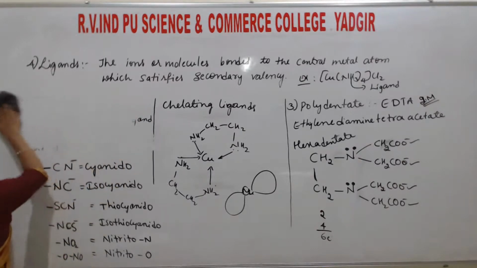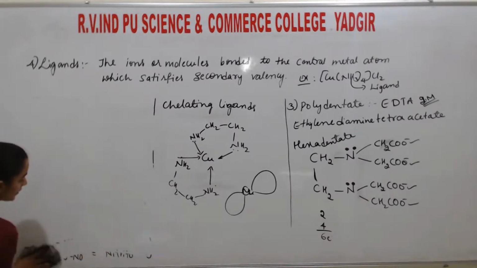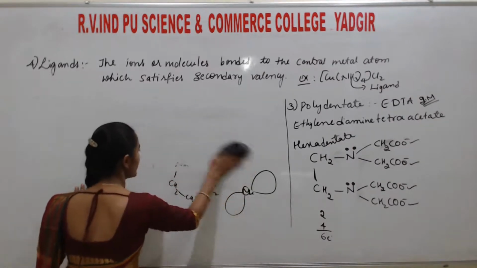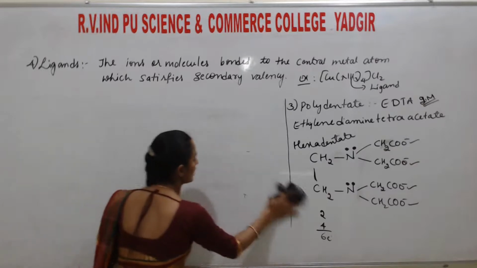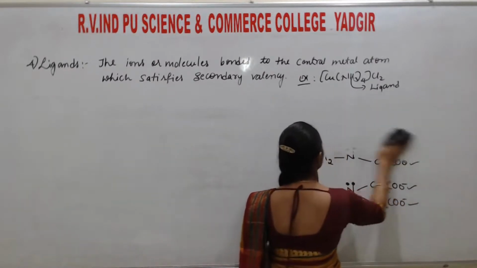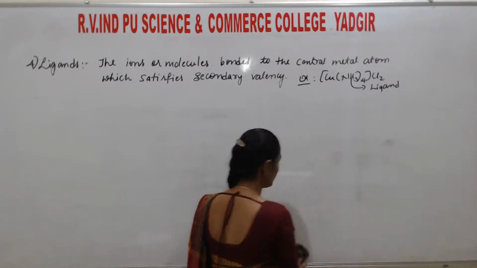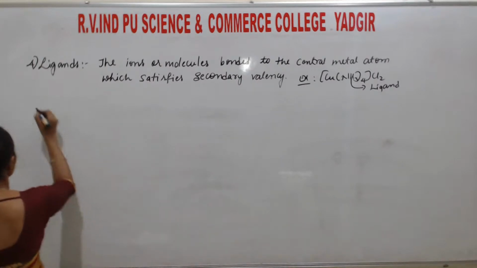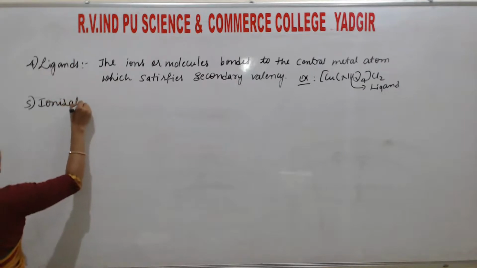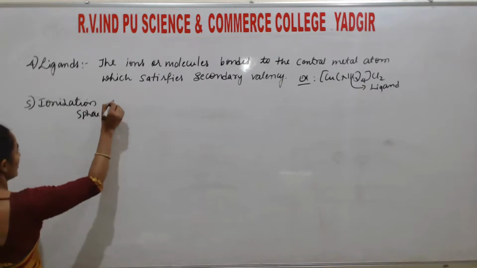So the next one is, I explained coordination entity, coordination sphere, and then types of ligands, central metal atom, and what is a ligand. Now we will study what is a counter ion. Okay, fifth one, ionization sphere.